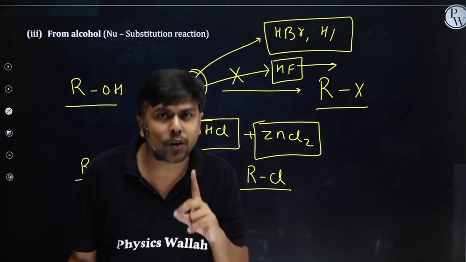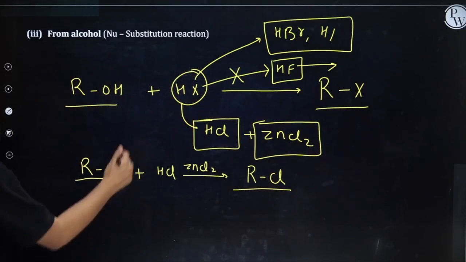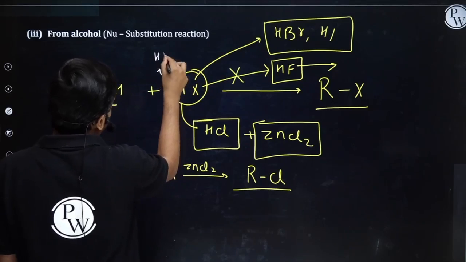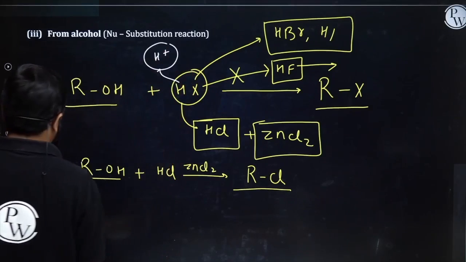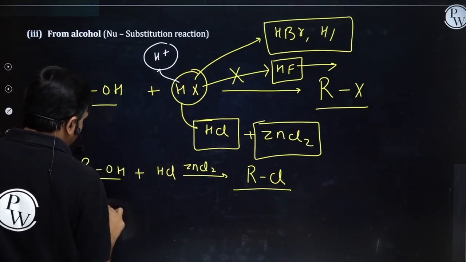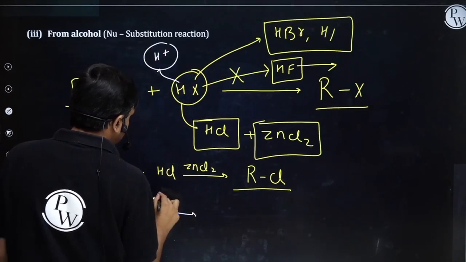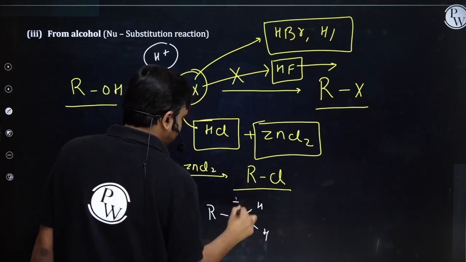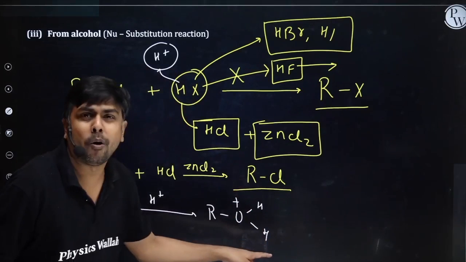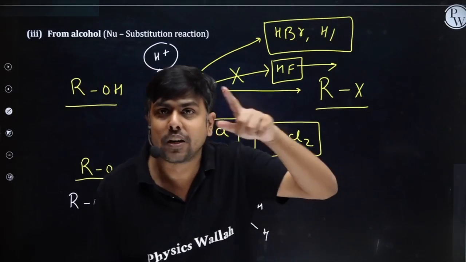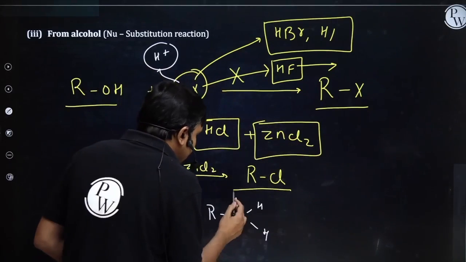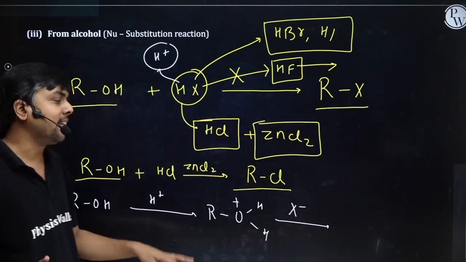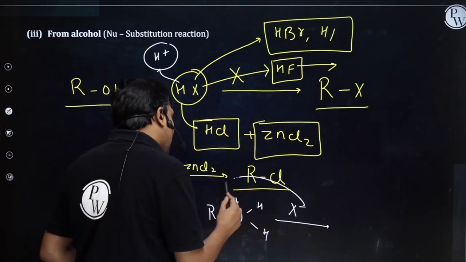Student, if I talk about the mechanism of this reaction, first this HX acts as a source of H plus, and this H plus will protonate alcohol. ROH plus H plus, protonation of alcohol, gives ROH2 positive. This H2O positive will act as a very good leaving group, and it will depart as soon as X minus attacks on this R part.